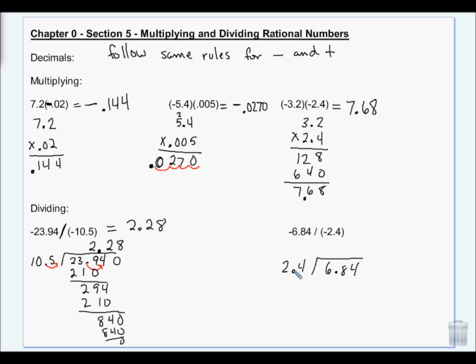Okay, again, I cannot actually divide by decimals, so I move it over once and bring it up. So I have 24 into 68.4. 24 will go into 68 twice. And it will go into 204. See, and I already had this worked out. I'm going to say 8 times. Maybe 9 times.